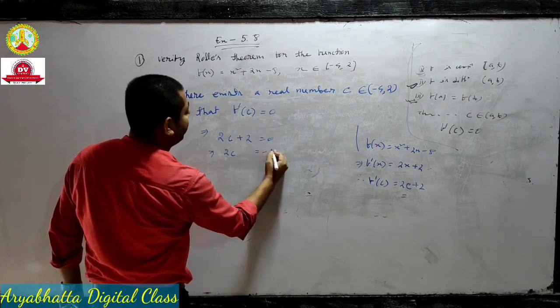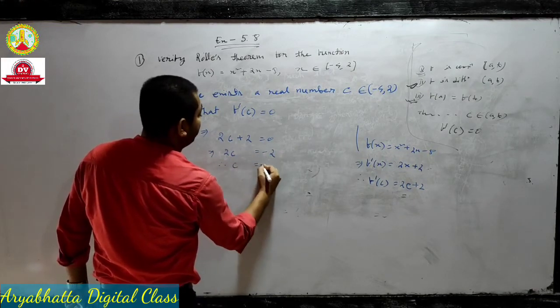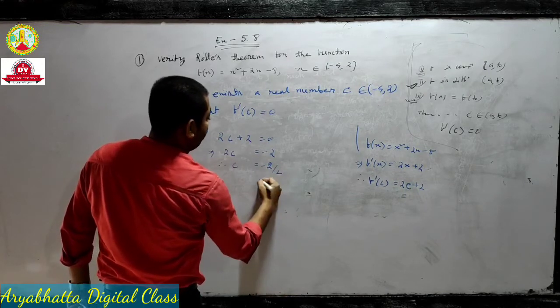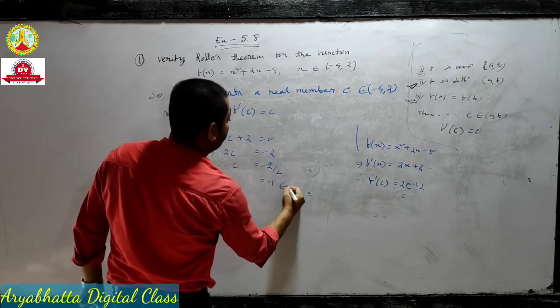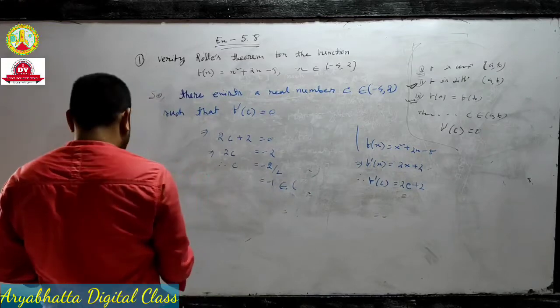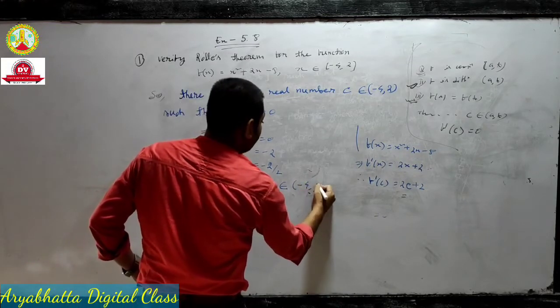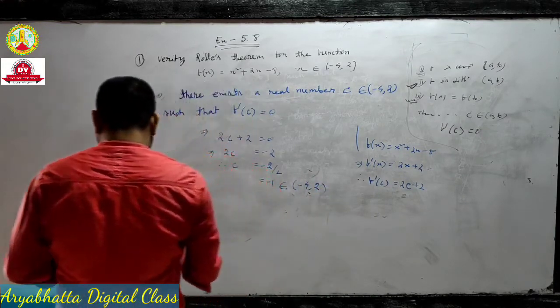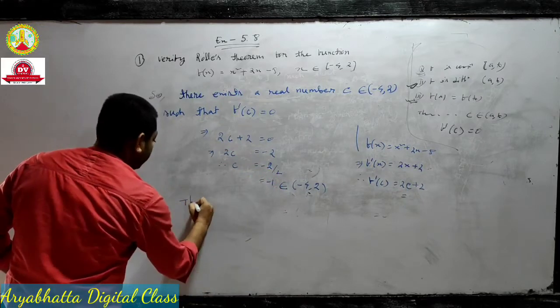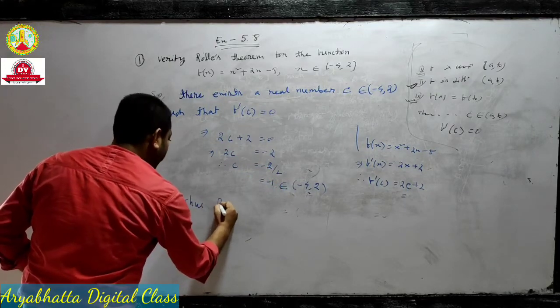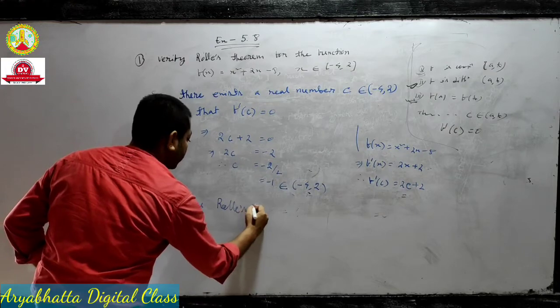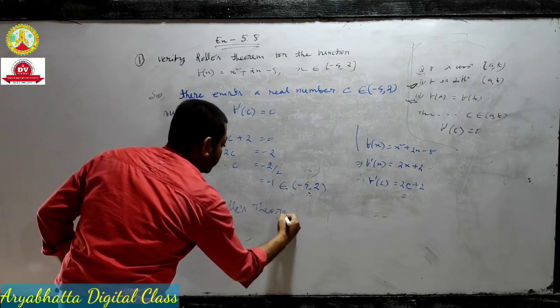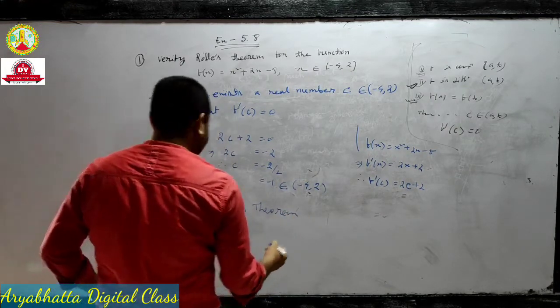Therefore 2c equal to minus 2. Therefore c equal to minus 2 divided by 2. This equal to minus 1, which belongs to open interval minus 4 comma 2. Thus Rolle's theorem is verified.